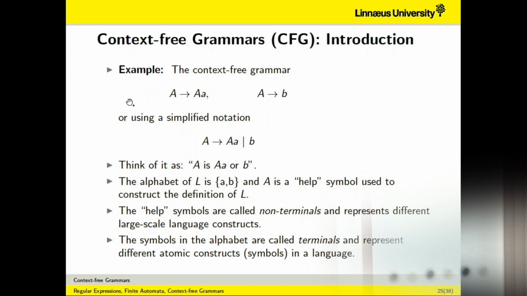In context-free grammars, we have production rules in the form of these notations, helping symbols and alphabets. And again, we can write these rules as separate rules, or we can combine them using the OR notation, because this says A can be either AA or A can be B. So this can also be written using the OR operator.